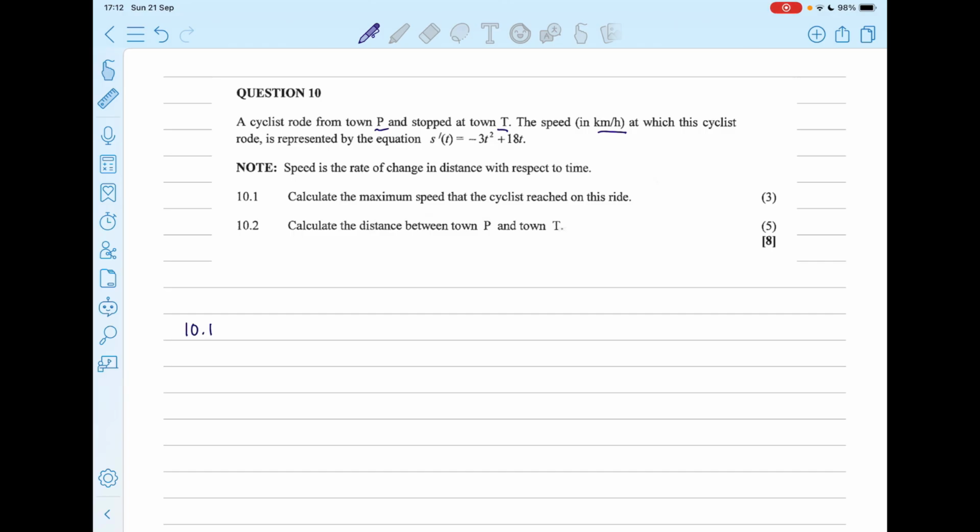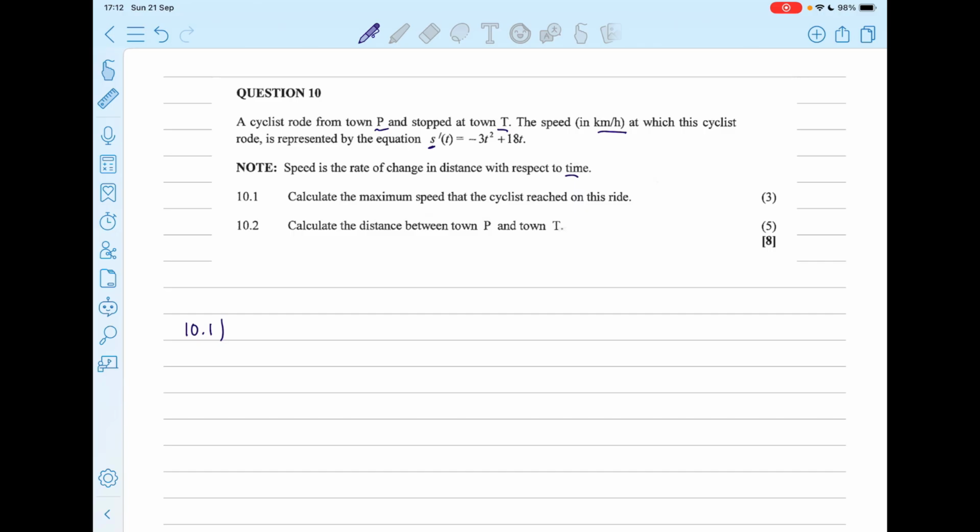Okay, starting with 10.1. We are told that speed is the rate of change in distance with respect to time. Okay, this makes sense because S denotes distance or displacement. So 10.1 wants us to calculate the maximum speed that the cyclist reached on this ride.